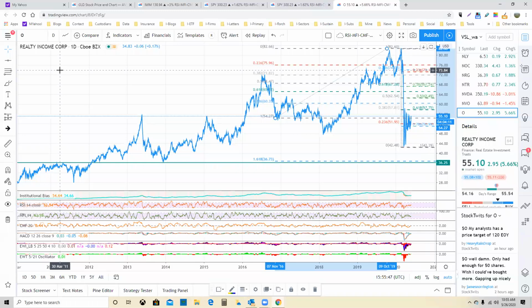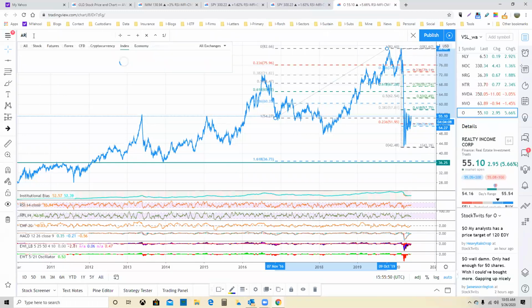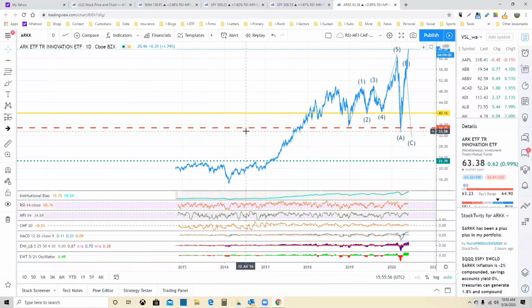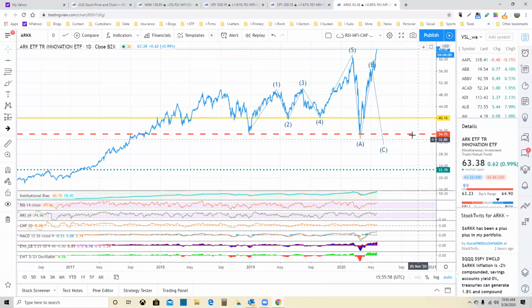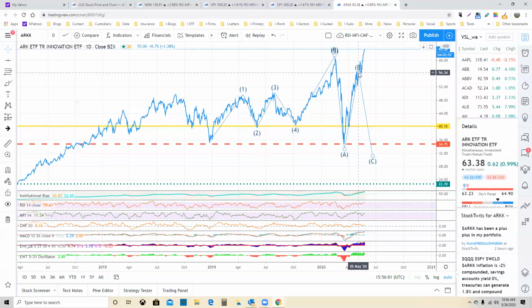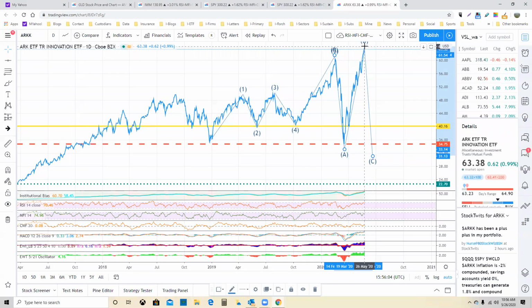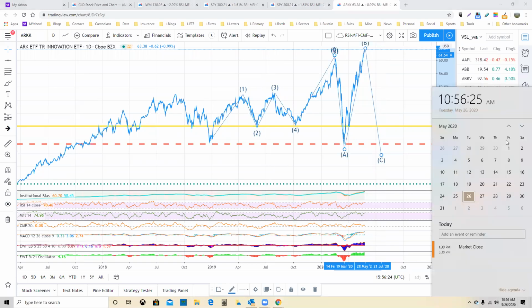All right. ARK. Yeah, again, this has a lot to do with Tesla. So this ended up going up here, set a new high. I'll move this over to the option expiration in July 17th.